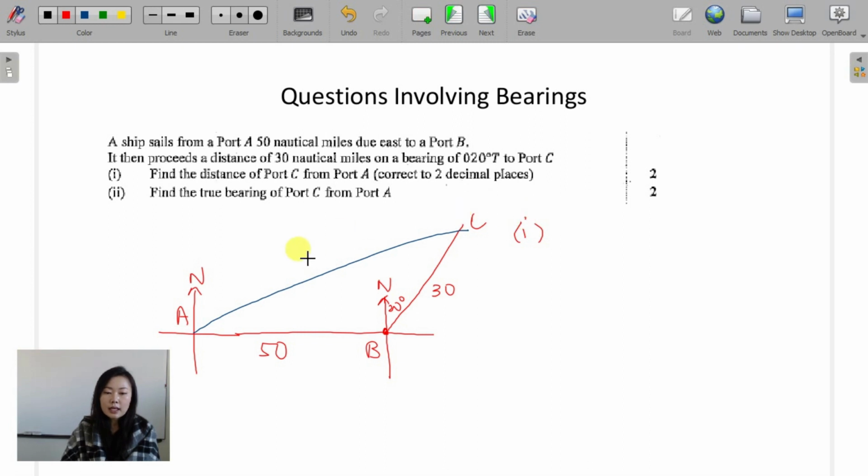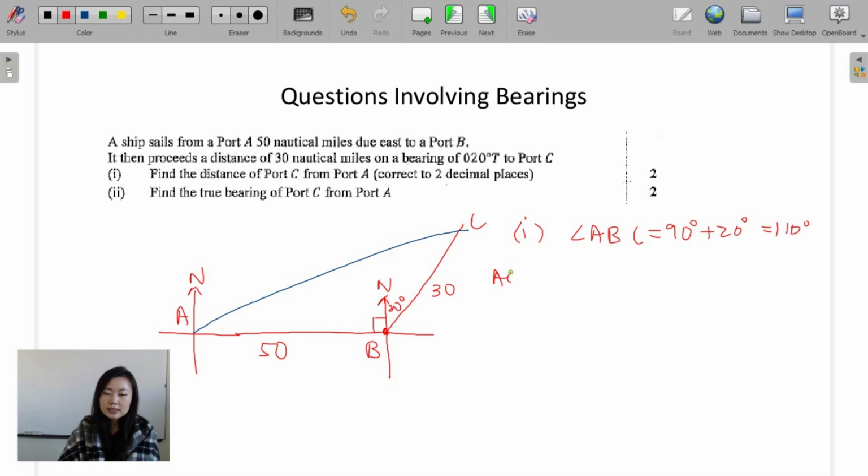So let's keep it as is, doesn't matter. That's 20 degrees. That's right angle. So that angle there is 90 plus 20, 110. And we have the perfect scenario to apply cosine rule because you've got two adjacent sides and the included angle.